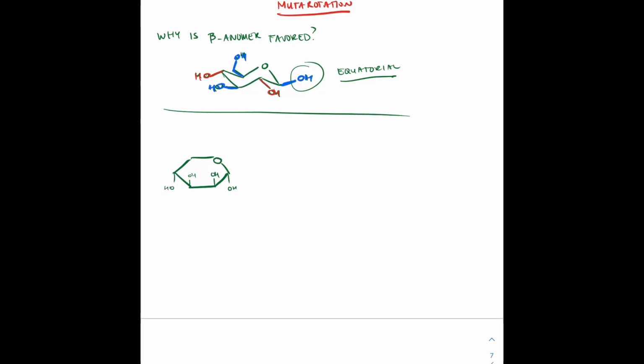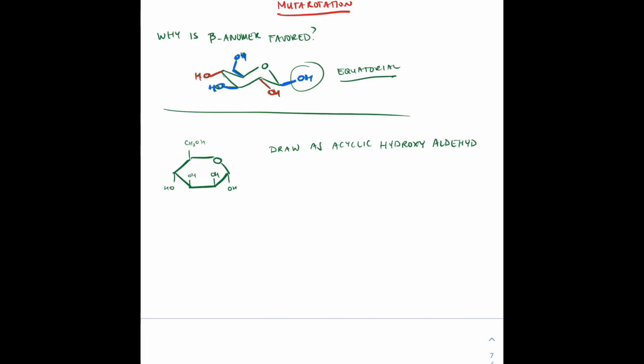And therefore the alpha anomer would be in the axial position, alpha axial, and it's axial down, and so it all kind of comes together. Just now we're adding a couple of different words like anomeric carbon and anomer. So that's why the beta anomer is more stable, because the OH group is in the equatorial position.